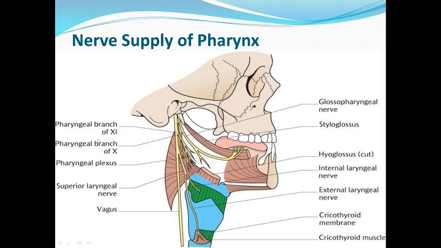So the ninth, 10th and 11th cranial nerves give nerve fibers to form this pharyngeal plexus, which lies chiefly on the middle constrictor muscle.